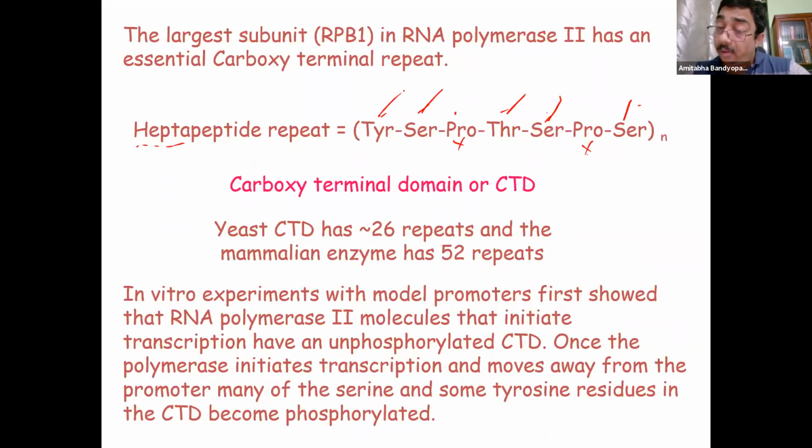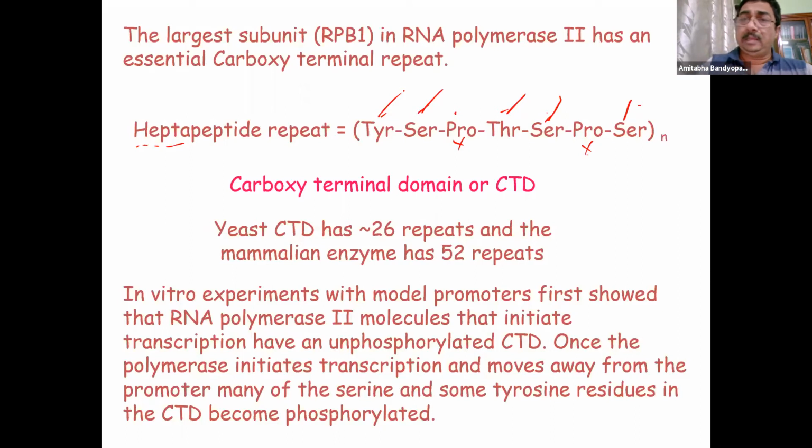Then when the phosphorylation property changes further, as the polymerase has moved down the DNA a little more and more RNA has come out, it will acquire the property of recruiting some of the splicing machinery, so that splicing can happen. So phosphorylation of this C-terminal domain is a very critical thing.